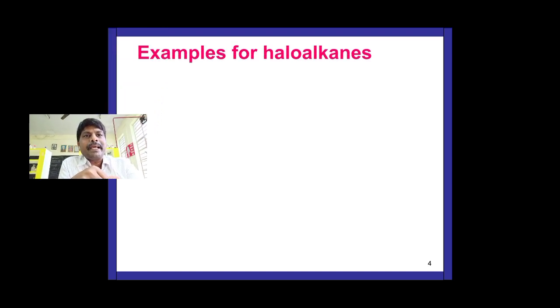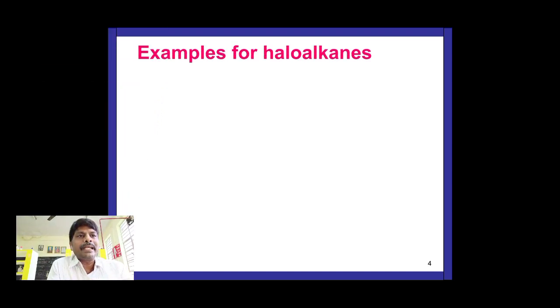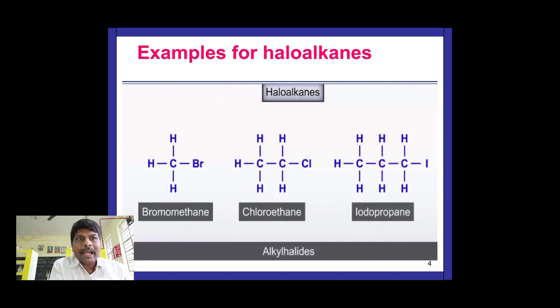Some other examples of haloalkanes. Bromomethane: you take methane, C is attached with 4 hydrogens, and one H is replaced by Br. So it is bromomethane. Chloroethane: ethane contains 2 carbons and 6 hydrogens.